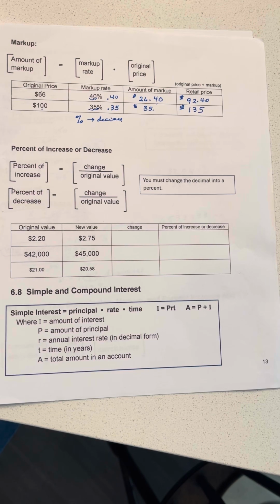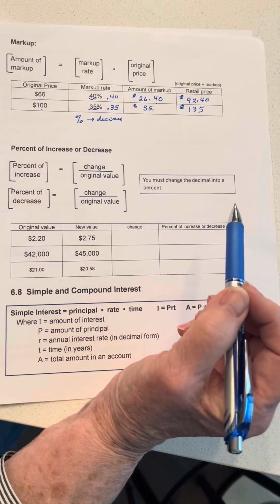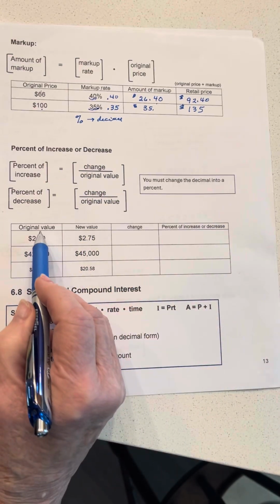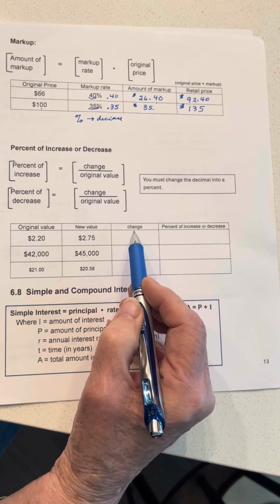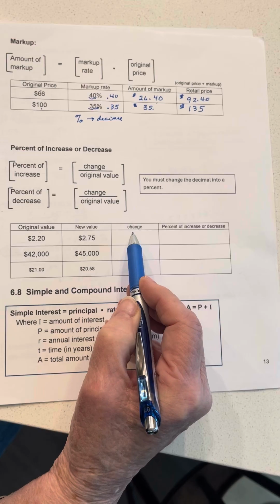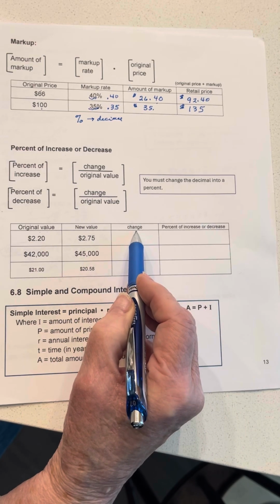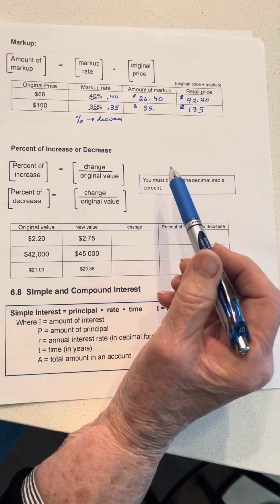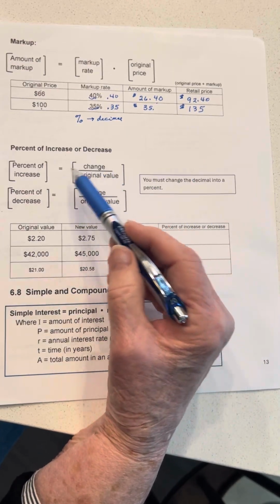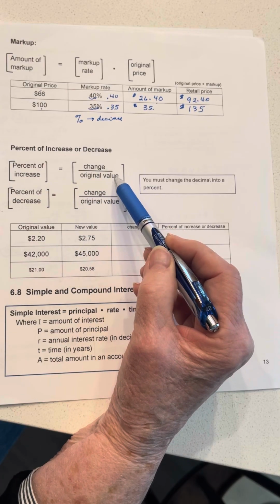The next section is on the percent of increase or decrease. Like if we have an original price and we have a new price, we're going to figure out what percent of the original price that it has been changed. So we're going to find out the percent of the increase, we're going to divide the change by the original value.